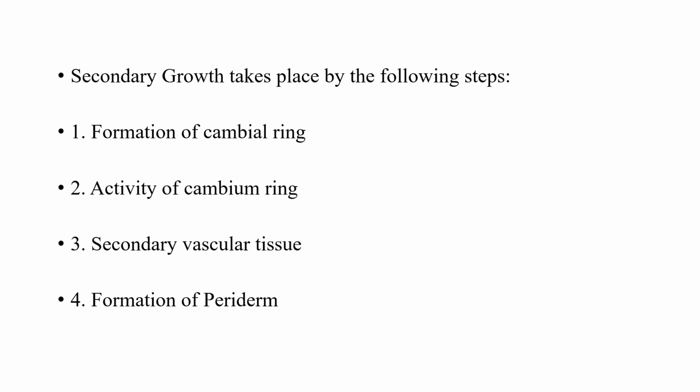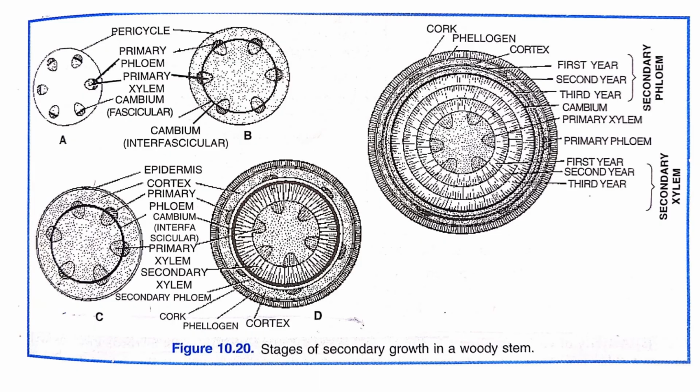Step 1, formation of cambial ring. Step 2, activity of cambium ring. Third step, secondary vascular tissue formation. Fourth, formation of periderm. So these are the overall stages of secondary growth in woody stem.